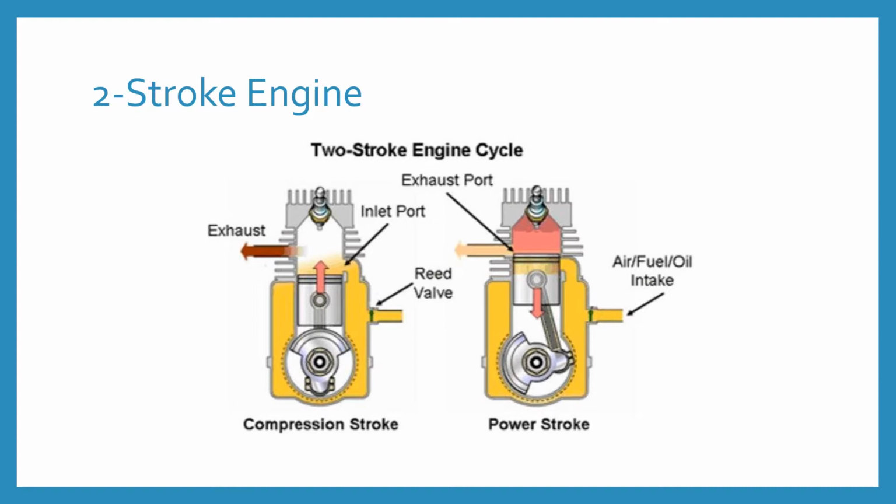Based on the concept of Douglas Clark, he invented the 2-stroke engine in the year 1878. He served the suction and exhaust strokes in an alternate way, and in this way he modified the 4-stroke engine into the 2-stroke engine.